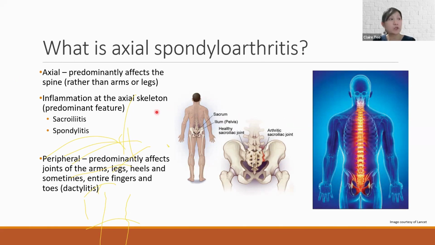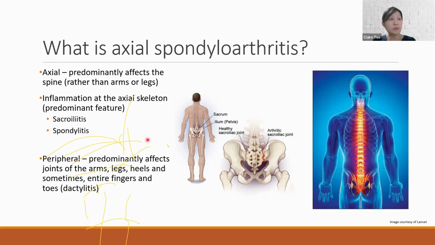Sometimes these patients may show minor features of peripheral spondyloarthritis. In peripheral spondyloarthritis, the predominant involvement is in the joints of the arms, legs, heels, and sometimes the entire fingers and toes, like dactylitis, which we went through earlier.